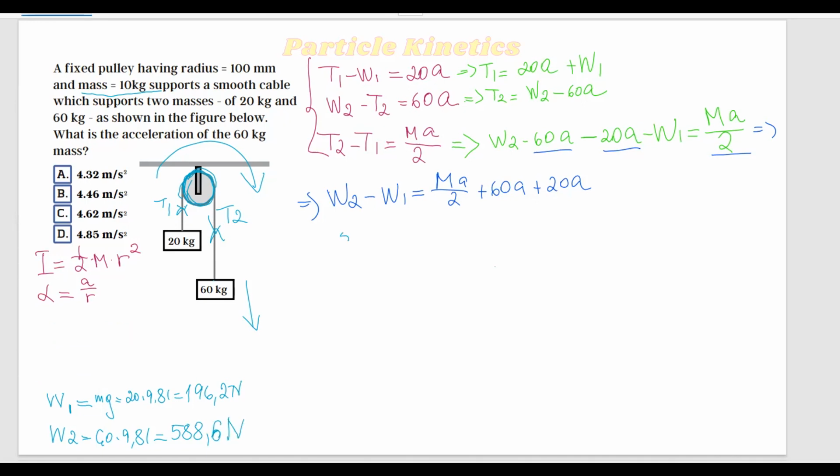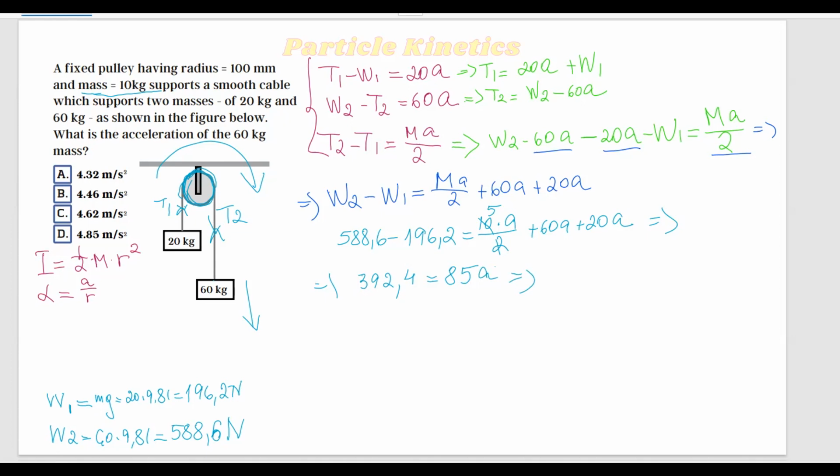Now let's substitute. We have W2, which is 588.6, minus W1, 196.2, equals M, which is the mass of the pulley, 10 kilograms, multiplied by A over 2, plus 60A plus 20A. This difference over here is equal to 392.4 equals 85A.